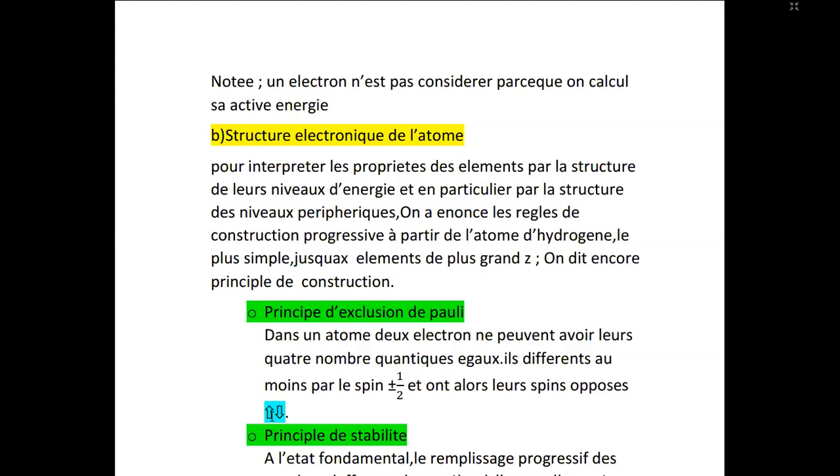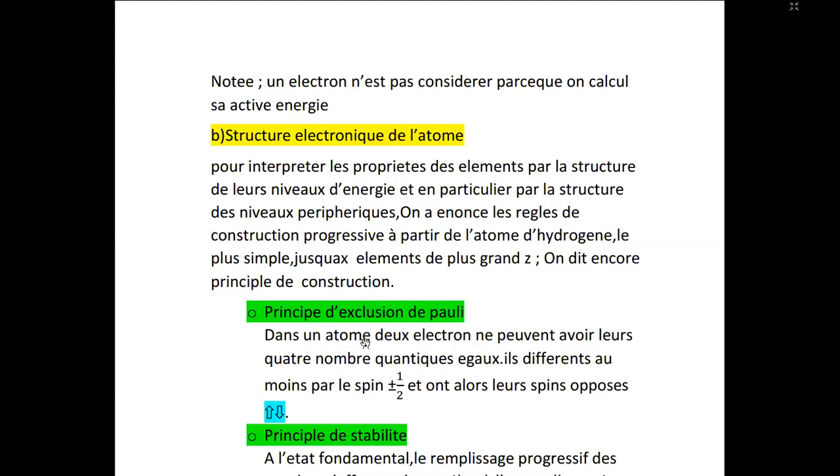So what principles should we follow? The first principle is principe d'exclusion de Pauli. Dans un atome, deux électrons ne peuvent avoir les 4 nombres quantiques égaux.